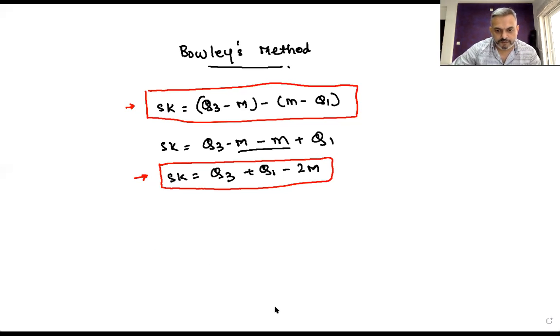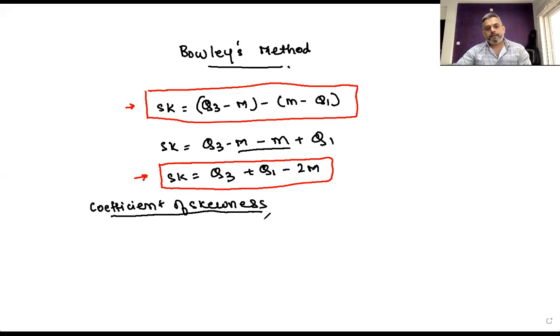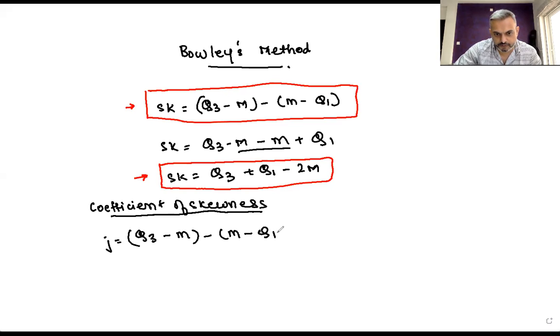Now when we go for coefficient of skewness, in coefficient of skewness, J is equal to Q3 minus M minus M minus Q1 upon Q3 minus M plus M minus Q1. Here it is minus, here it is plus.